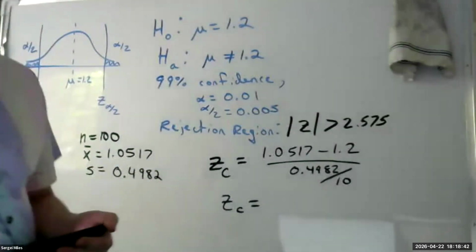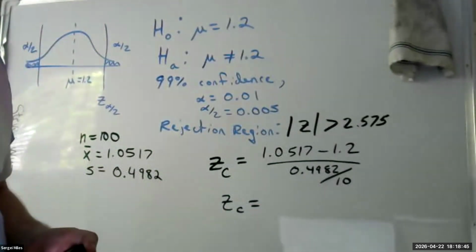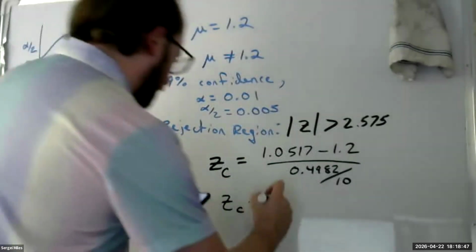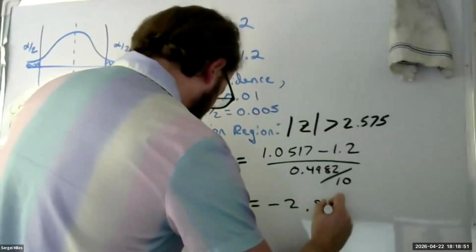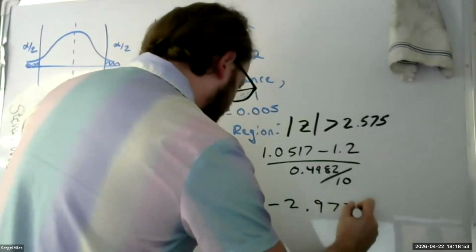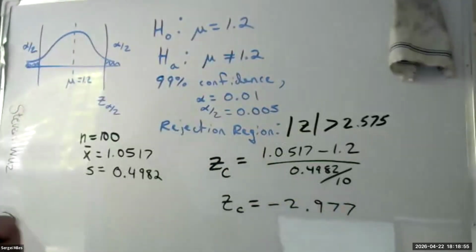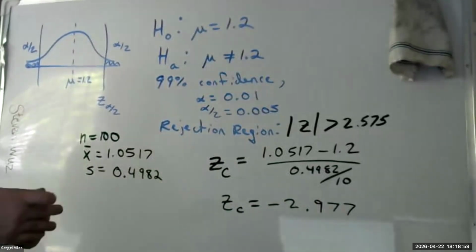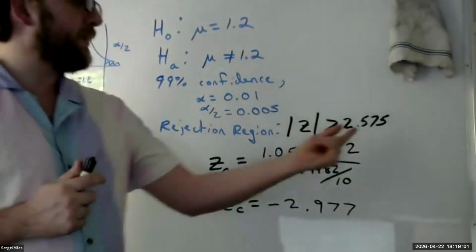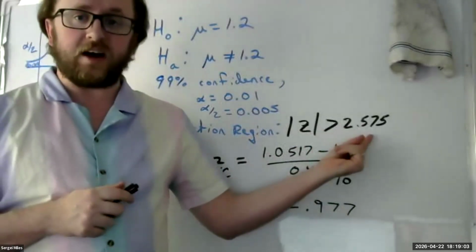And as I put all of this into a calculator, I'm getting a z-score of negative 2.977. All right. The absolute value of that is positive 2.977, which is beyond 2.575.